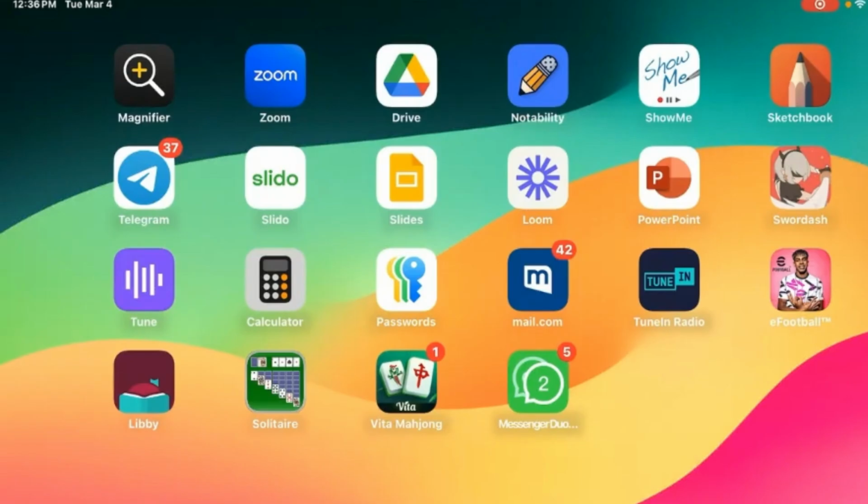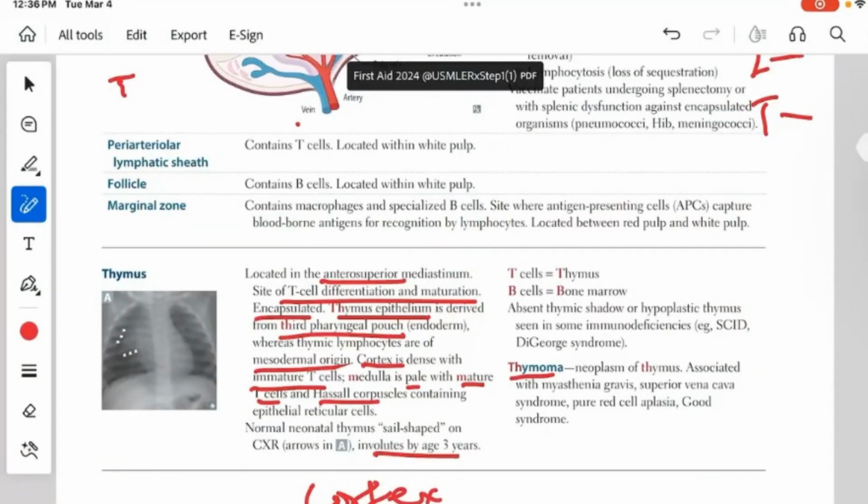Okay, so let's move on. The mature T cells and the Hassall corpuscles are found in the medulla, and they contain reticular cells.